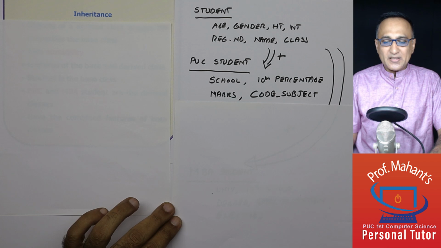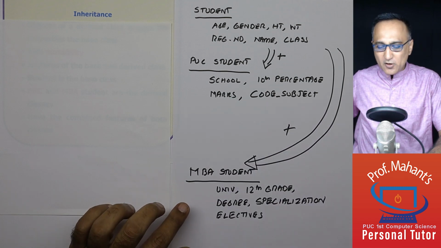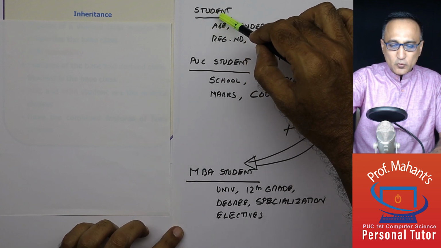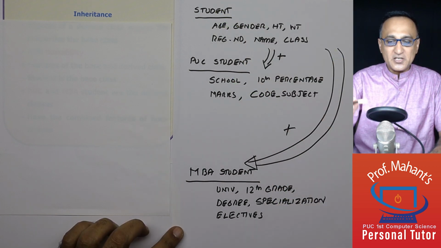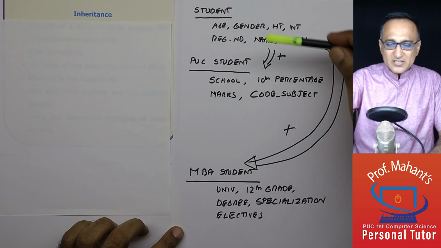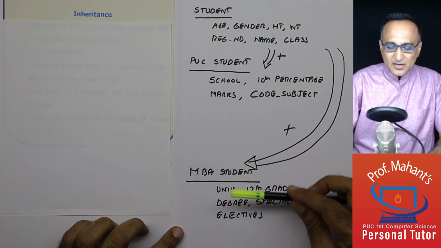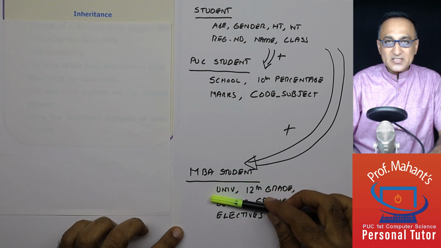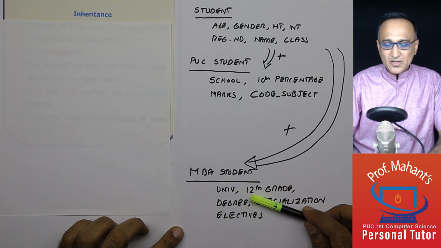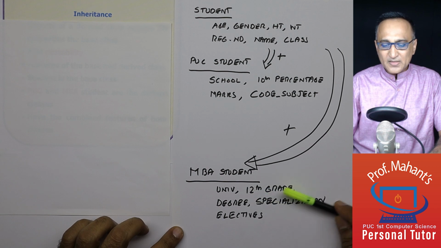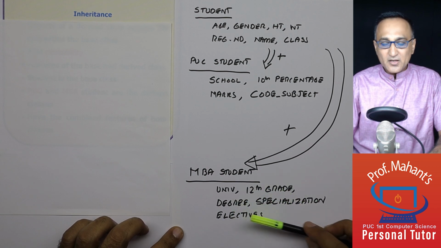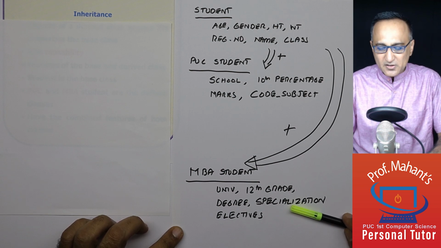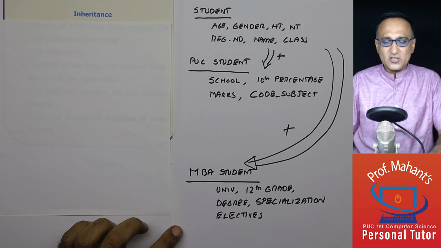Now it is possible that I do well and I start an MBA college. Assume my student from school joins my MBA after finishing his PUC. So the basic data is already with me. For the MBA student, I capture where he did his degree: the university name, what was his marks or grade in 12th, what was his marks or grade in the degree, what is his specialization in MBA, whether finance, HR, marketing, and so on, and what electives he has chosen.